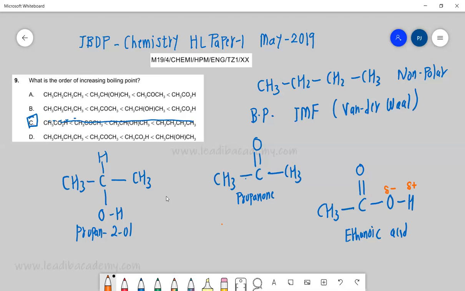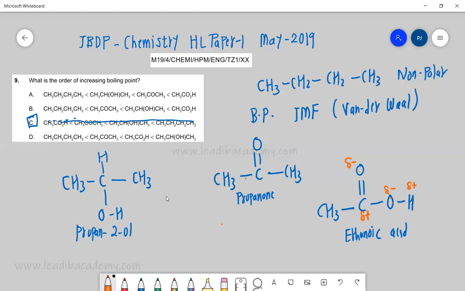This oxygen can get attached to hydrogen from the other molecule, and besides that there is a double bond between carbon and oxygen. So again this carbon will be delta plus and this oxygen will be delta minus. In short, a lot of polarity gets developed. Therefore there are two oxygen atoms having partial negative charge, which can get attached to hydrogen from the other molecule. That is the simple logic.